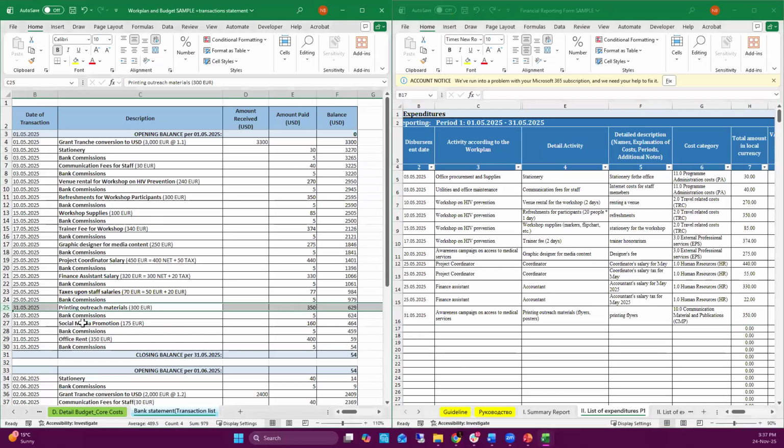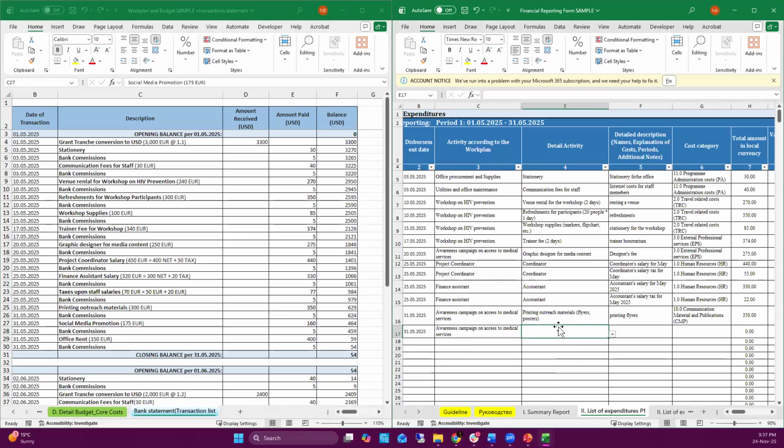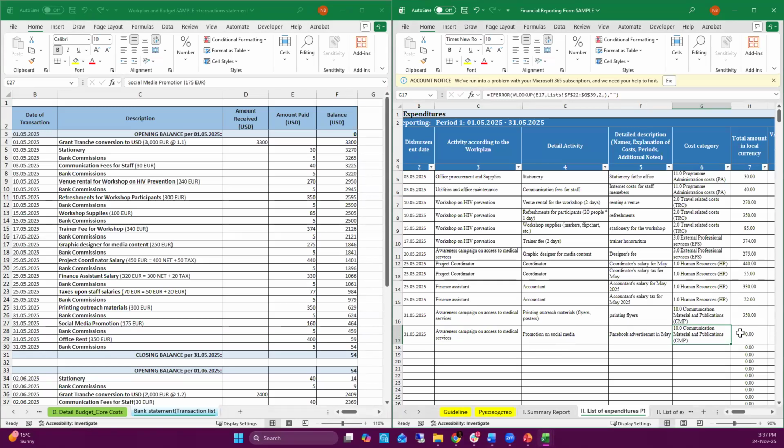Then we have paid to Facebook, for example, for the advertisement, awareness campaign, promotion on social media, and here we say that it was Facebook advertisement in May. And we put the respective amount.